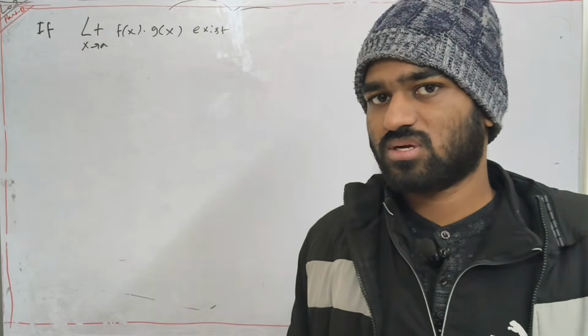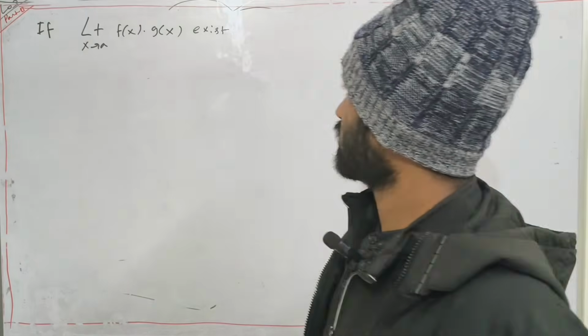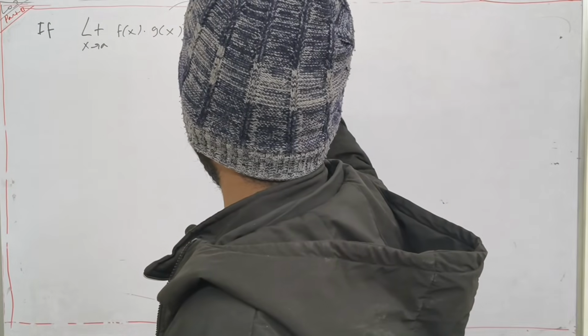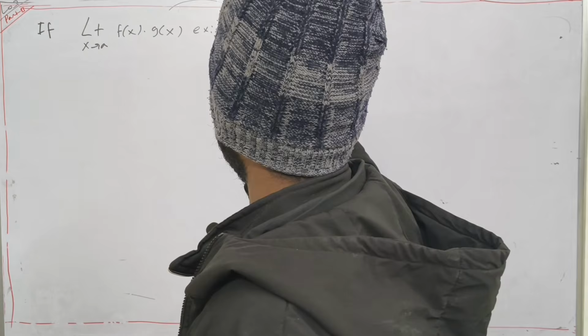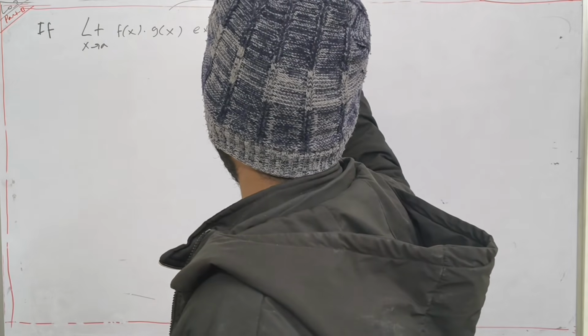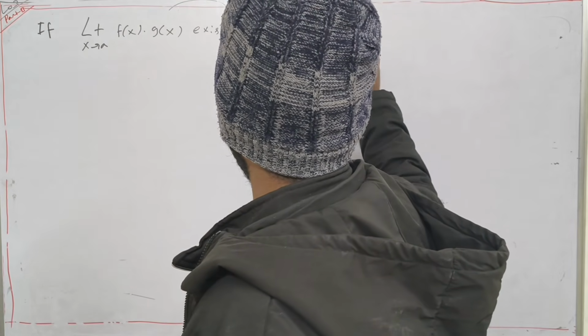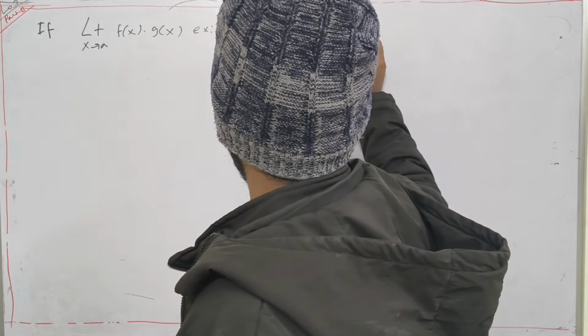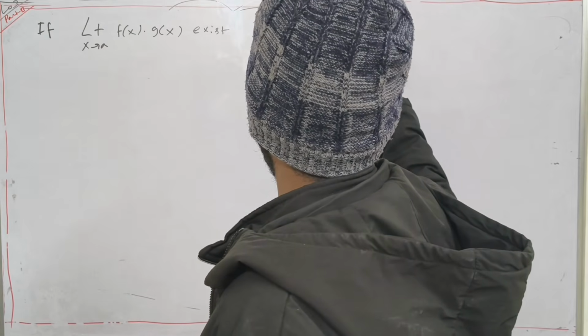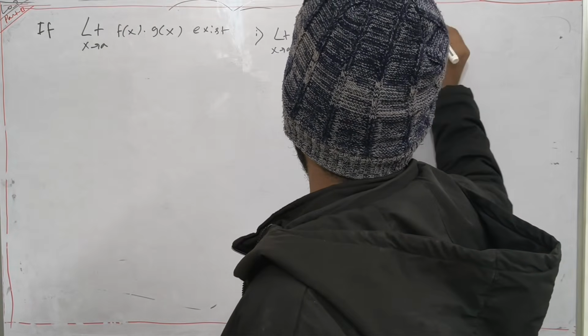We'll have 3 cases. The first case is limit x tends to a f of x comma limit x tends to a g of x, both exist.